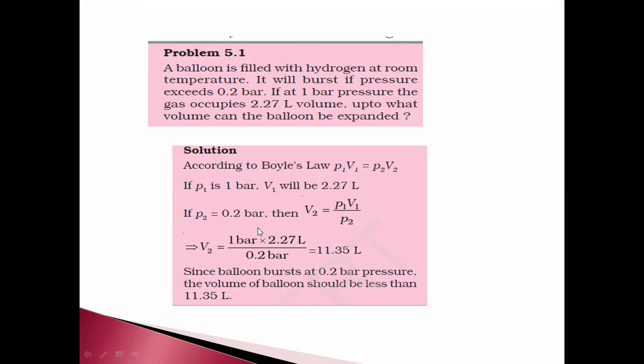Don't forget to write the units. When you calculate using the calculator, you will get 11.35 liter. Just check it out. Since the balloon bursts at 0.2 bar pressure, the volume of the balloon should be less than 11.35 liter. So this is the calculation, the theoretical calculation. Okay.